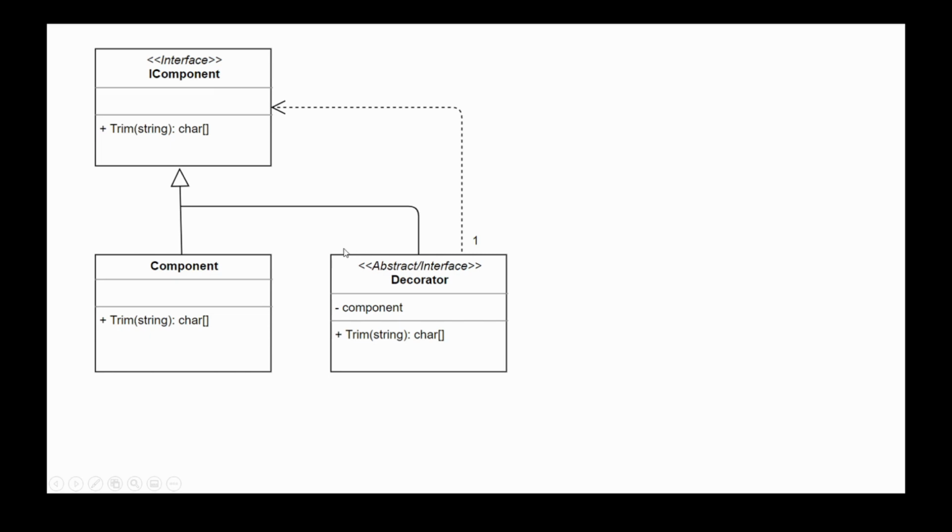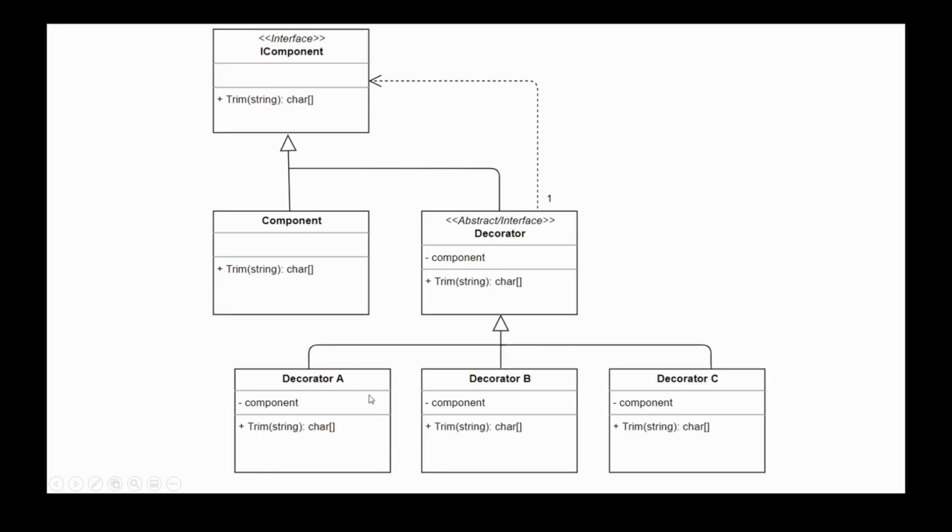What we use that for, I explain in the source code. And then I implement some classes that implement the decorator, and each decorator implementation provides its own responsibility to extend this component.